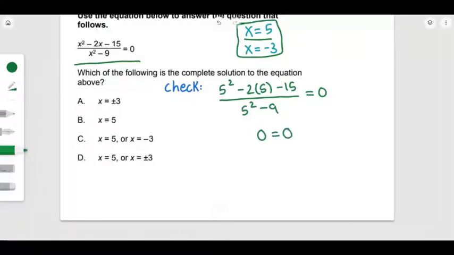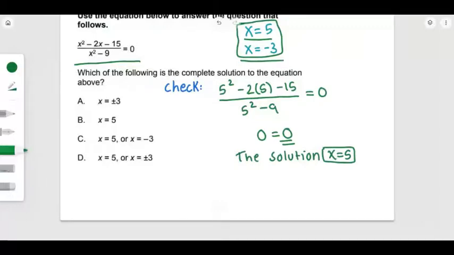As you can see, our solution is correct because it equals 0. So the solution could be x equals 5. But we're not done yet. We need to find if x equals negative 3 is a solution too.